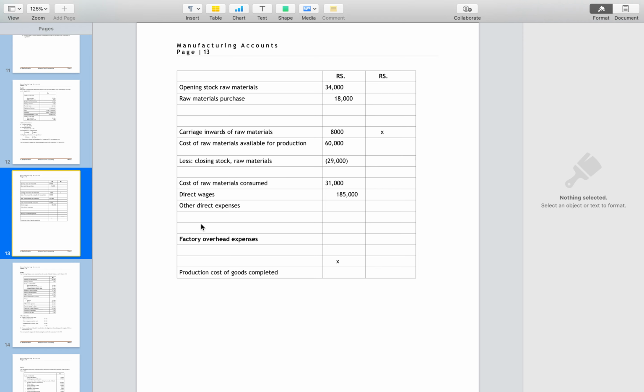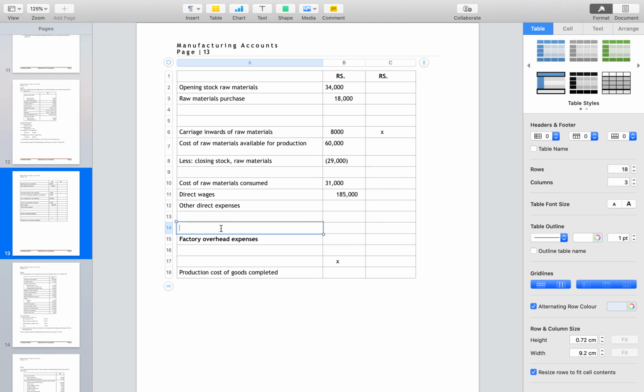Now normally what you do is take cost of raw materials consumed. Last class I explained to you, cost of raw material consumed is direct material. When you add this answer with direct wages, and also any other direct expenses, the answer you get is prime cost. Now remember, in this question the only change, like I explained at the start of this video, is that work in progress is something that is always taken at the end.